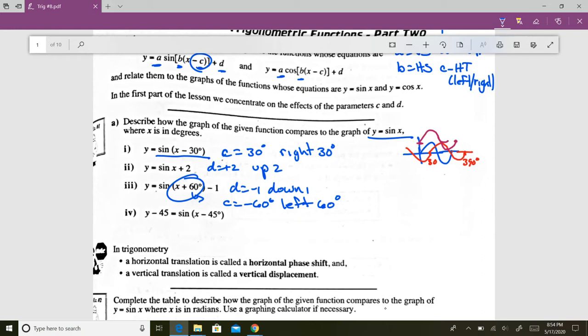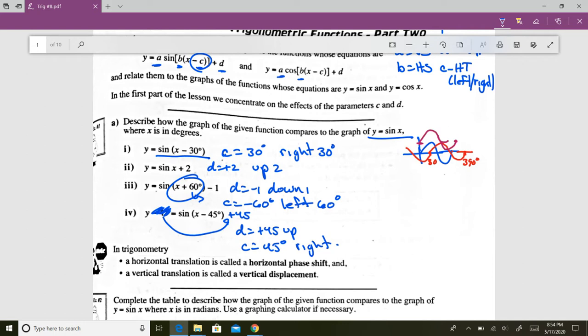Last one, y minus 45 is equal to sine of x minus 45 degrees. First thing you have to do is move that 45 over there. So it becomes plus 45. So now we know our d value is plus 45, so it's up 45 units. Our c value is 45 degrees. That means we went right 45 degrees.